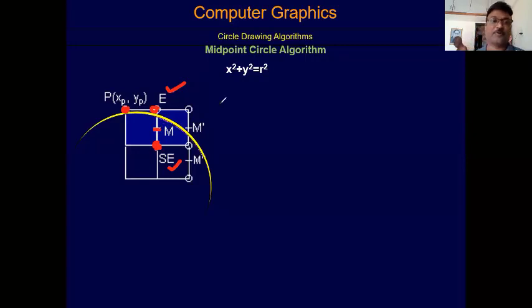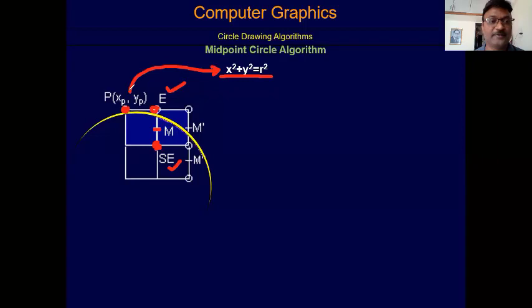See, first of all, you have to concentrate on the equation of the circle, which is x square plus y square equals r square. This is my equation of the circle. Suppose I put this point, my xp, yp, into the circle equation.